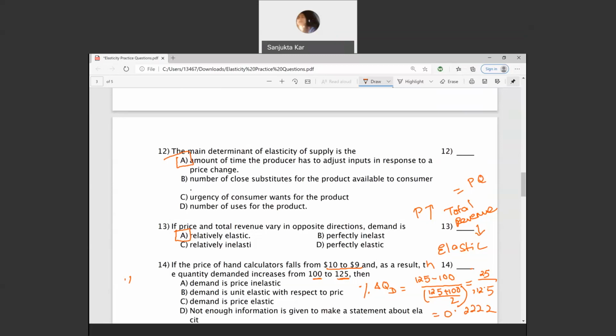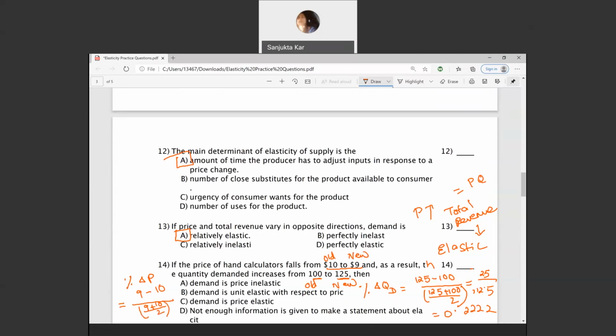Now, the percentage change in price is equal to new price minus old price. So I have 9 minus 10 over 9 plus 10 divided by 2.